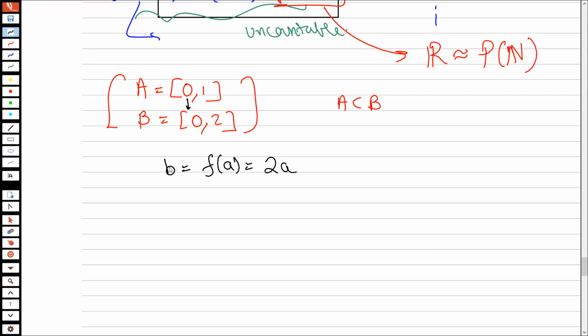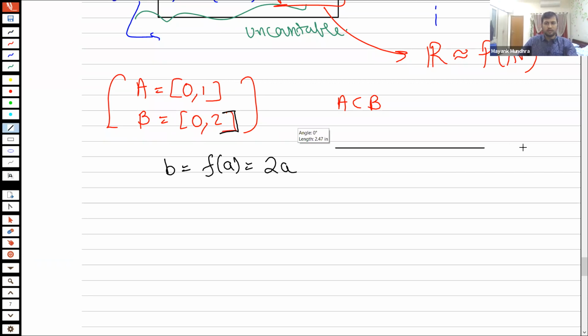Excuse me, sir, I have a question. Is A 0 to 1, and B 0 to 2? Is it just 0 and 2, or 0 to 2? There's the square bracket, right? I think I talked about brackets.